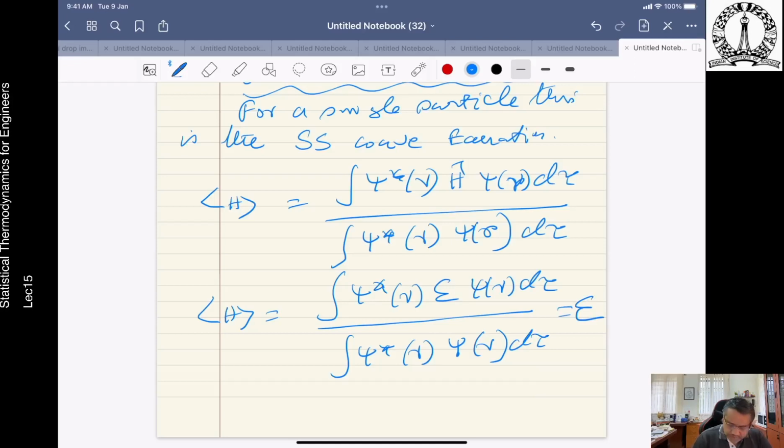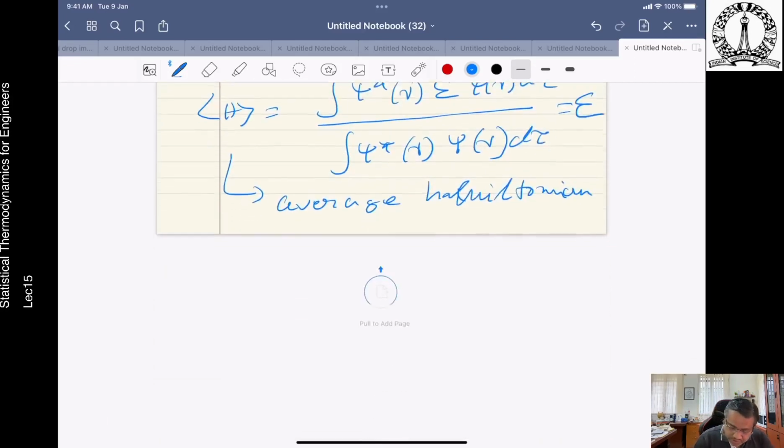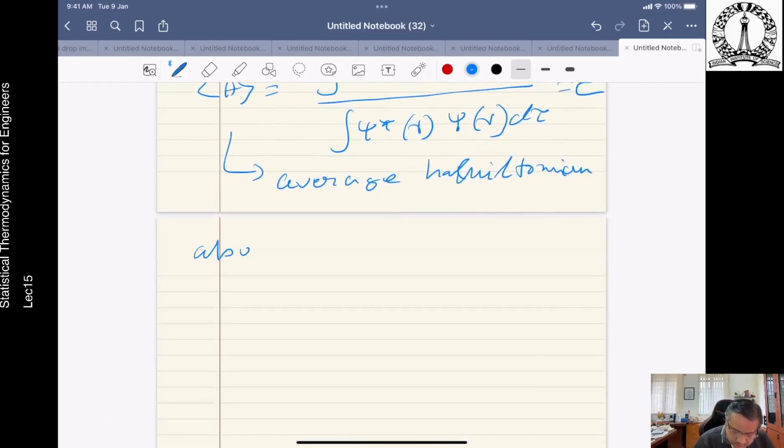So you can see the average Hamiltonian also undergoes quantization.